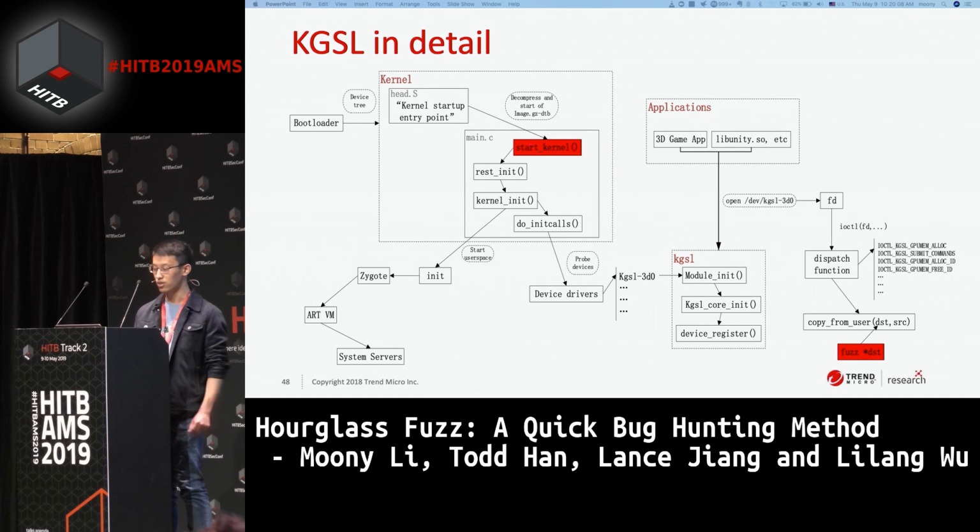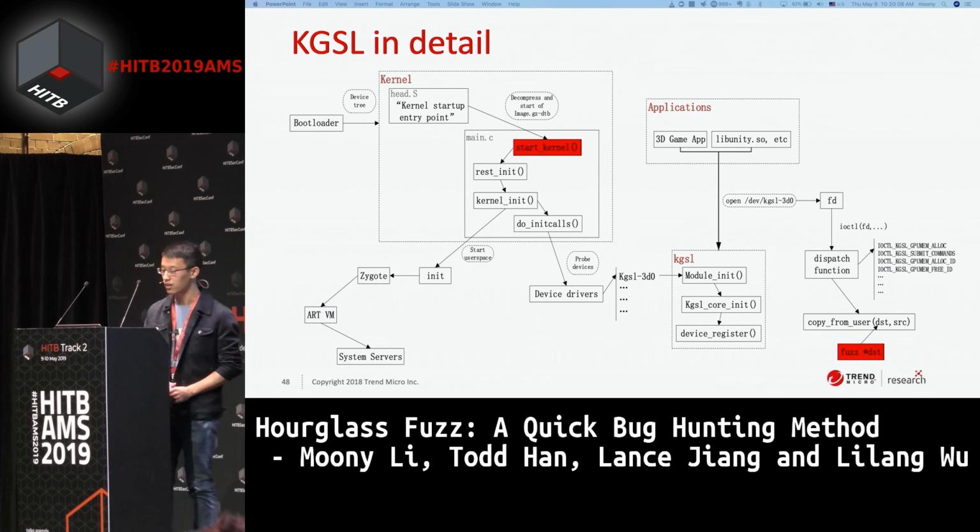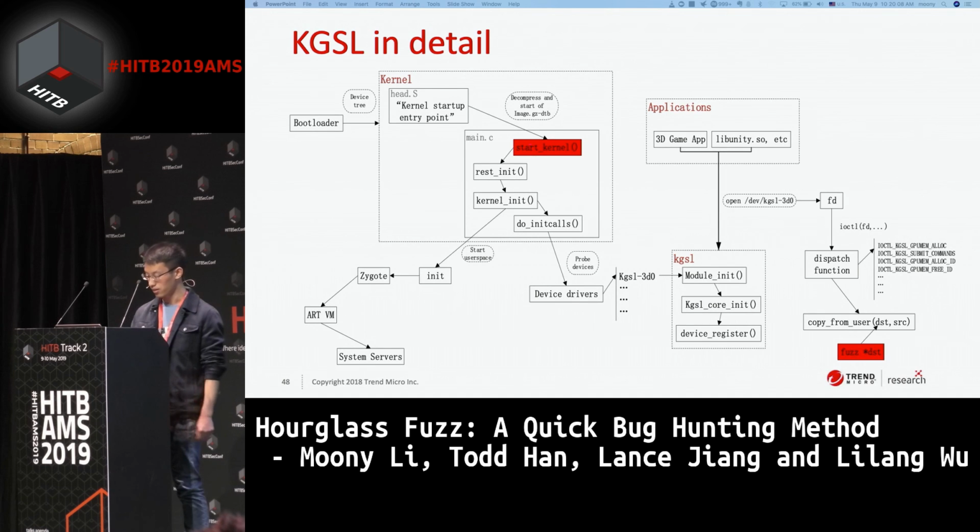The above picture shows the whole KGSL passive fuzz framework, which includes the Android kernel setup process. Firstly, the bootloader will start the kernel and pass the device tree to the kernel. The kernel executes the start_kernel function to initialize, and finally the driver KGSL initialization process runs.